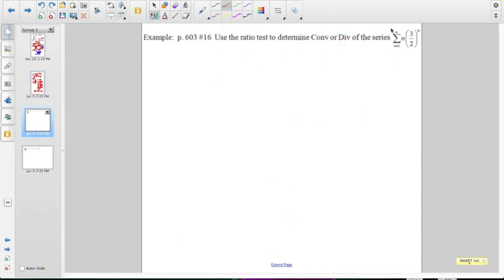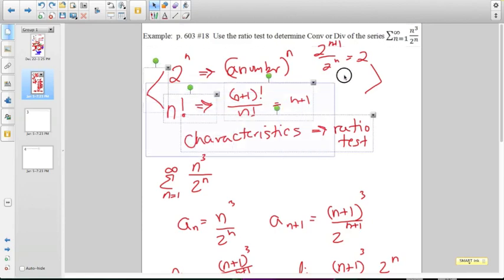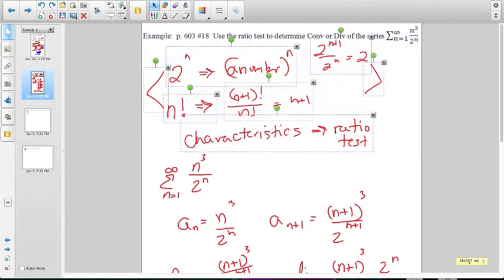So for this series here, we've got n times the quantity 3/2 to the n power. Again, we see this characteristic. Let's bring this stuff with us, the characteristics of the ratio test.